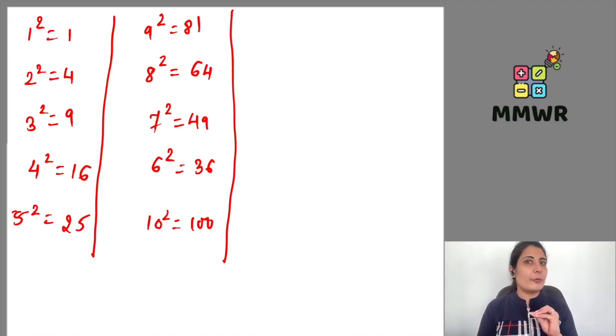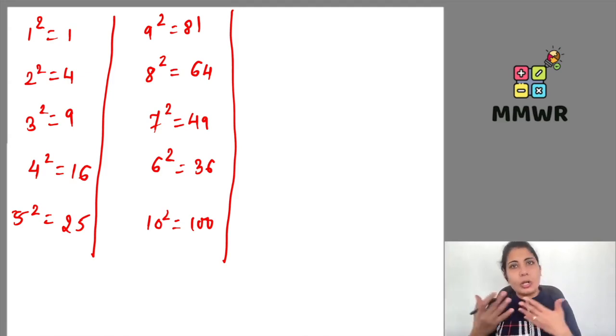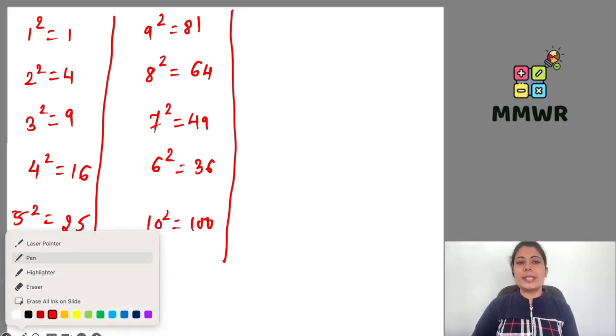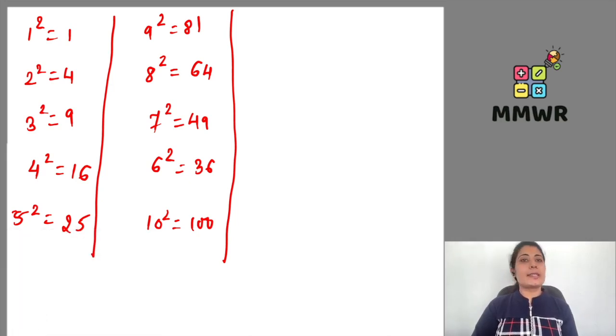So we can observe from here that these all are perfect squares. The squares of the natural numbers 1, 2, 3, 4, 5, 6, 7 will go on. But 1, 4, 9, 16, 25, 36, 49, 64, all of these are the perfect squares.